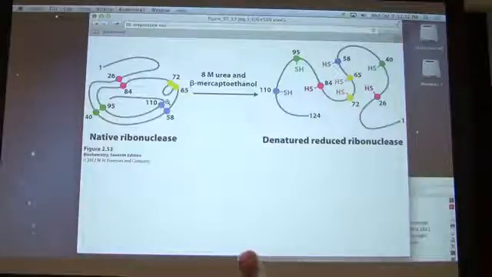Okay, so the last force that I want to talk about that helps to stabilize the tertiary structure of proteins is one that's a little hard to describe, but you sort of know it. It's what we call hydrophobic interactions. We already talked about this last lecture.